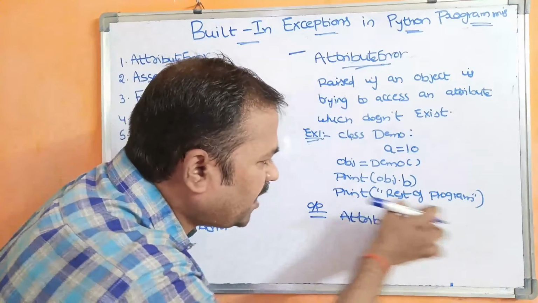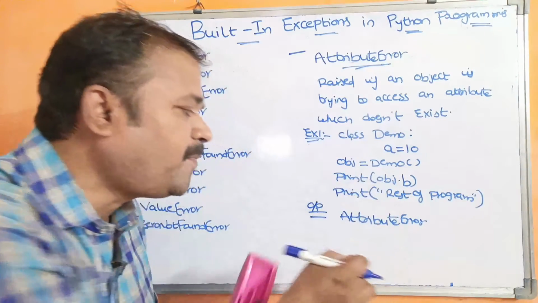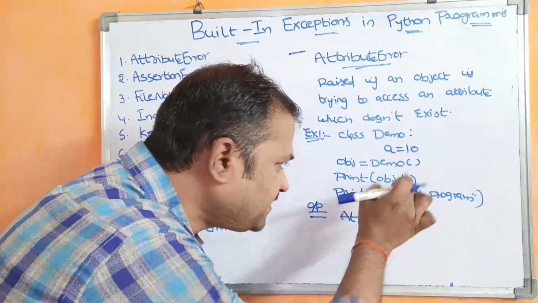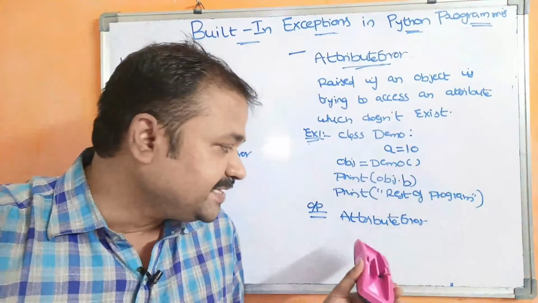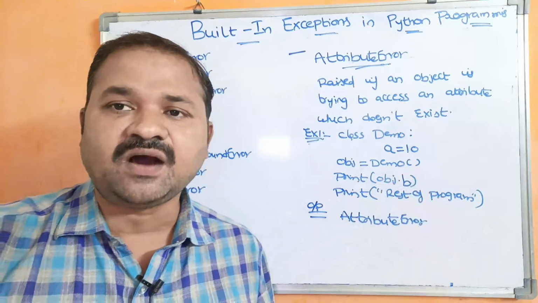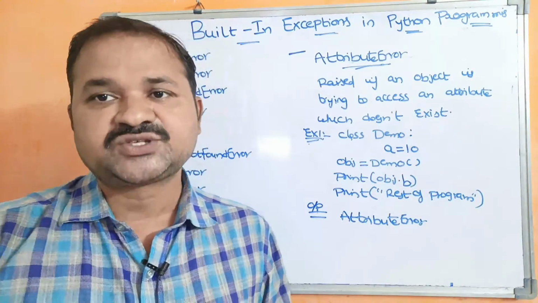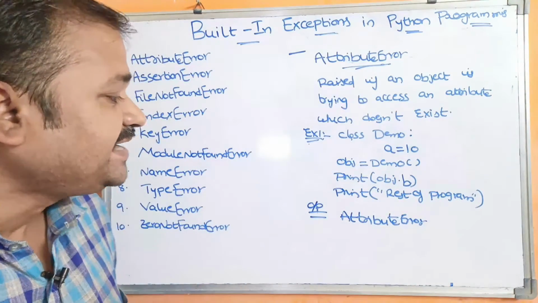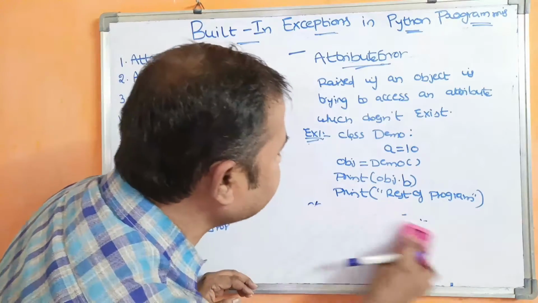So the remaining statements in the program are not going to be executed. Why? Because whenever the statement is executed, this AttributeError exception will be generated. So now we have to handle the exception with the help of try and except.